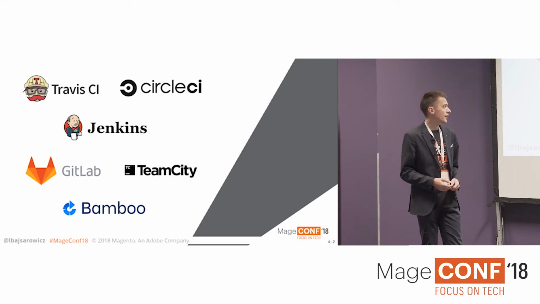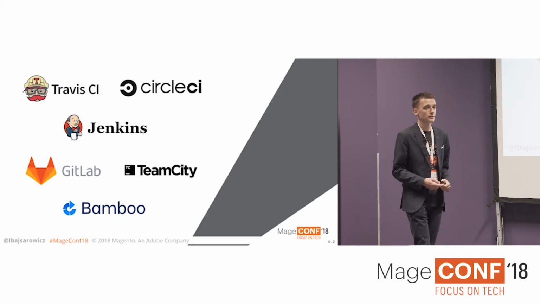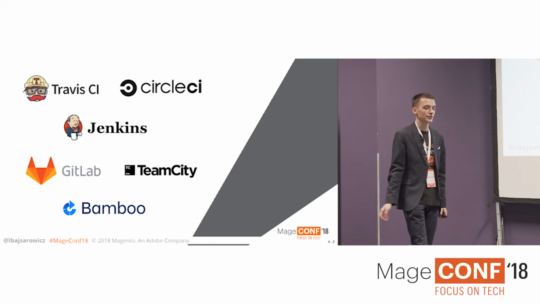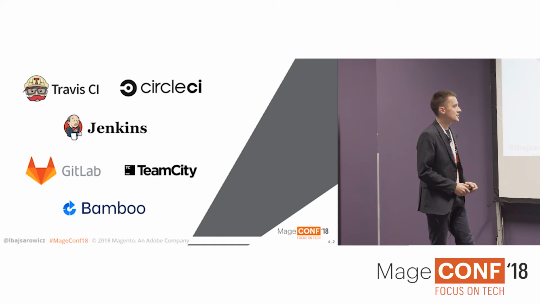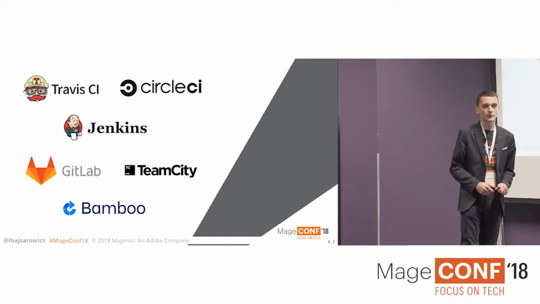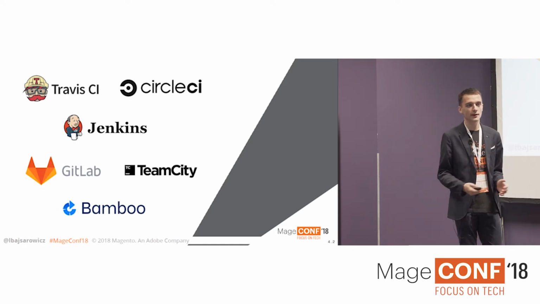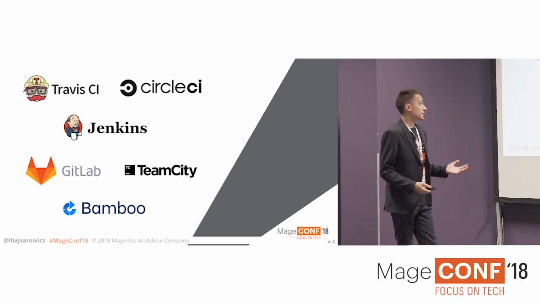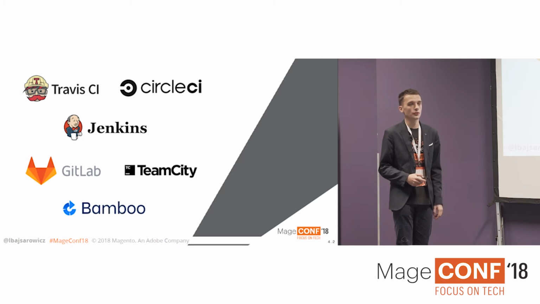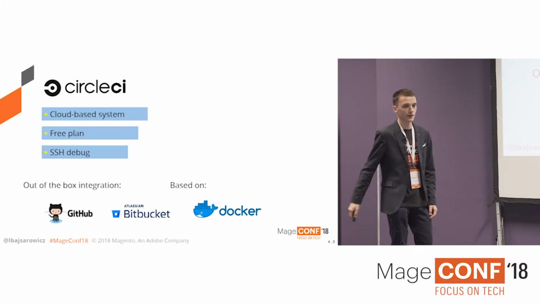You can use Bamboo, which is from Bitbucket owners. It's Atlassian, yeah. And TeamCity, which is developed by guys from JetBrains, so quite close to PhpStorm. Yeah, but for me, the choice was CircleCI.